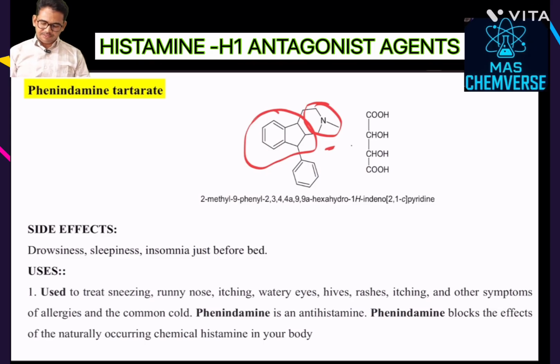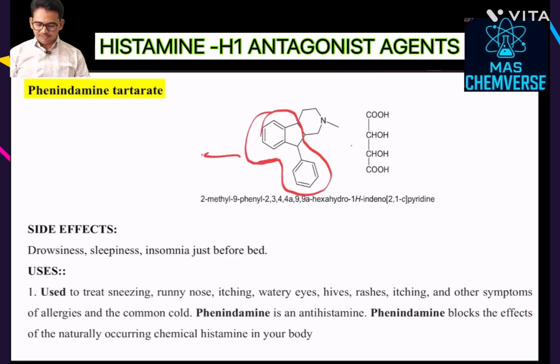Then you can see here it will be attaching the phenyl group at the para position. When you see the structure of this, it is called the phenindane, that is the phenyl, and it looks like the indole. This is the phenyl and this looks like an indole. This is called the phenindane.